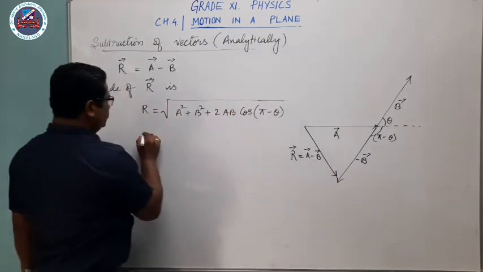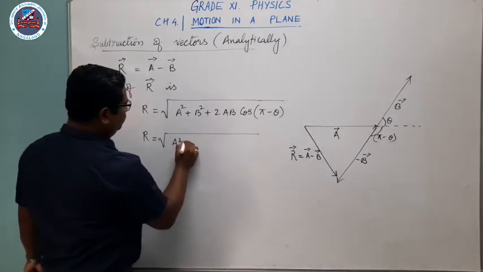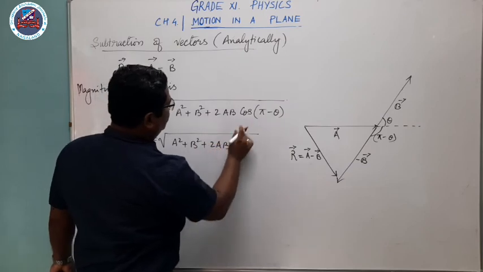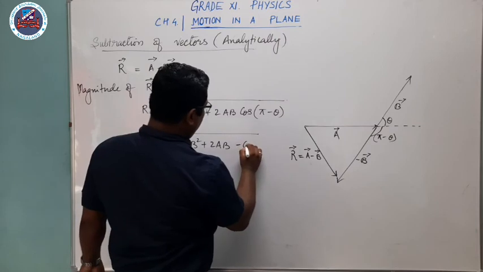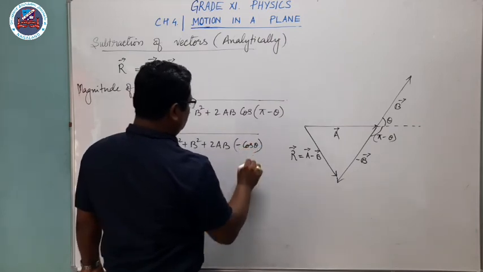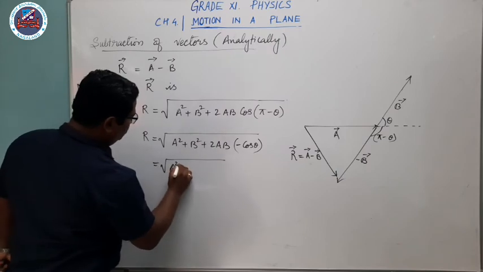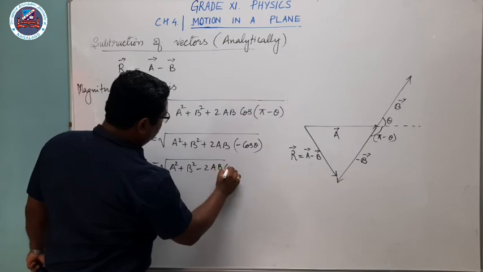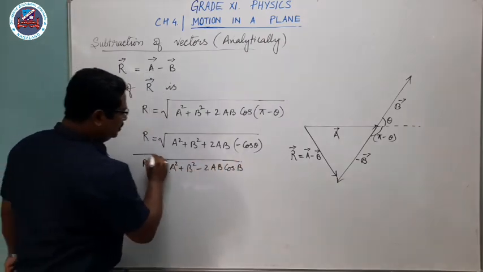Ultimately it will be A square plus B square plus 2AB cos of 180 minus theta, which is minus cos theta. So the value will be A square plus B square minus 2AB cos theta. This will be the magnitude of the resultant vector R.